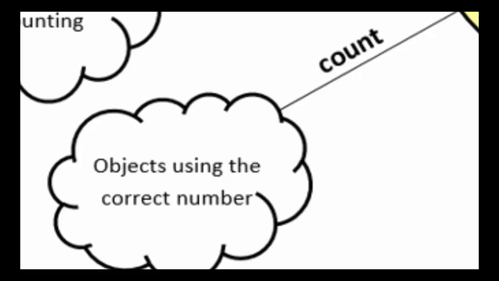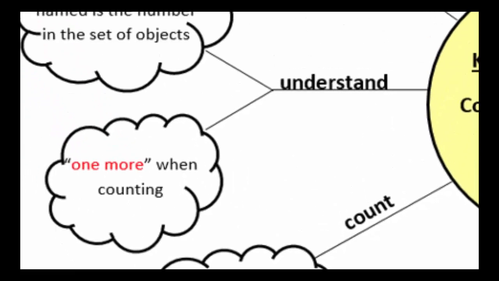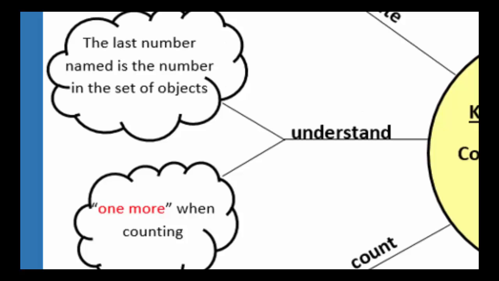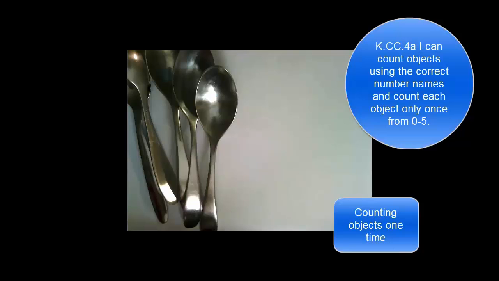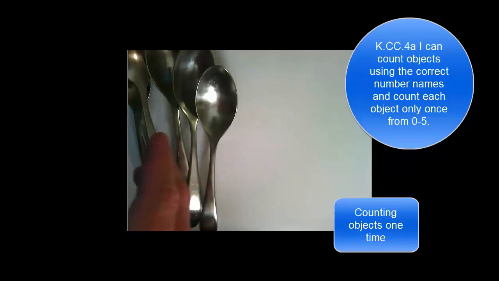Students will count objects using the correct number. The students will also understand that the last number named is the number in that set of objects, and they will understand one more when counting. Counting objects using the correct number is also called one-to-one correspondence. At home, give your child a set of objects such as spoons.